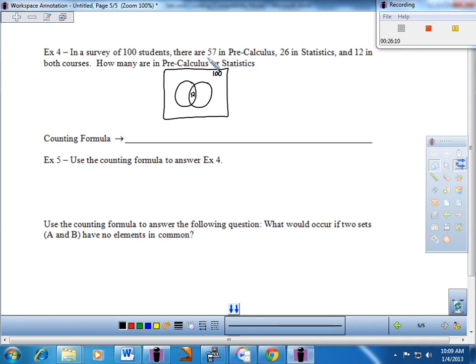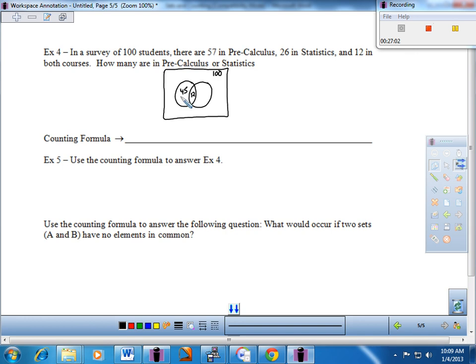This includes the both. So I'm hoping you all see that if I just asked you how many students are just taking pre-calc, it seems to be that there would be 45 students just taking pre-calc. Because the 45 and the 12 make up the 57 students in the pre-calculus circle. So it's easy to jump the gun on this, put a 12 here and put a 57 here.